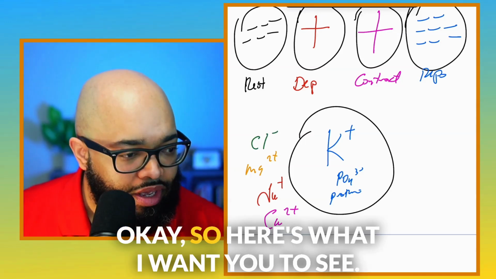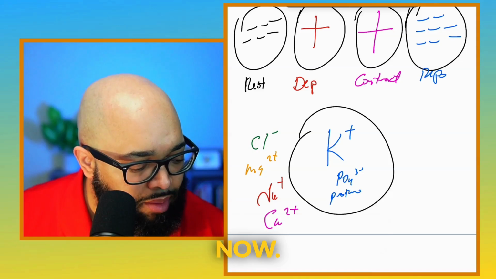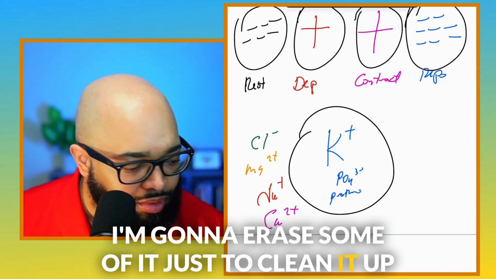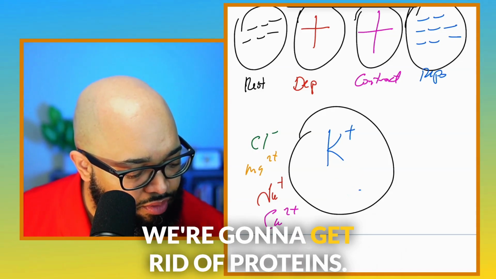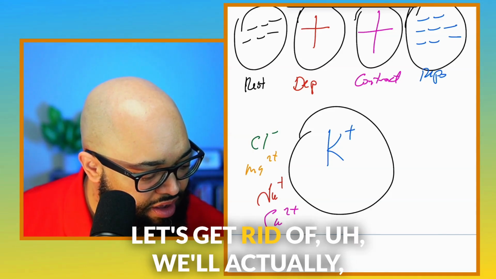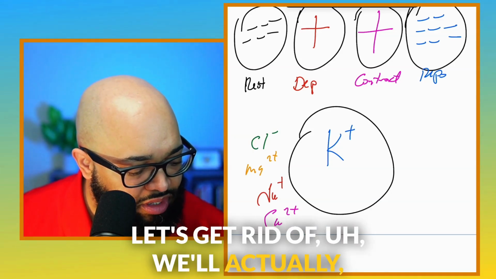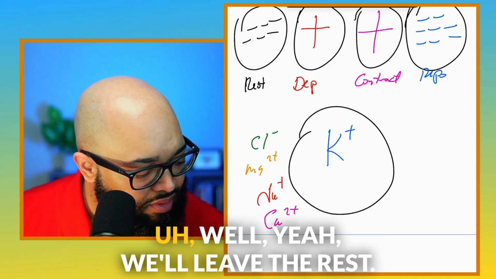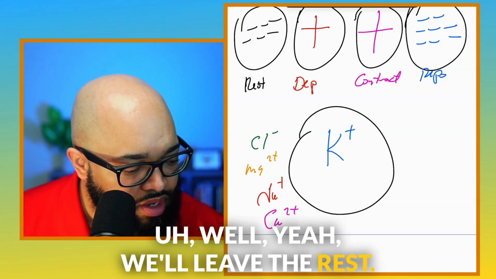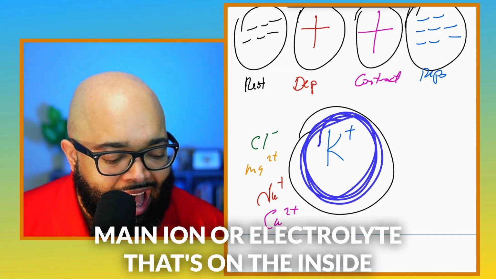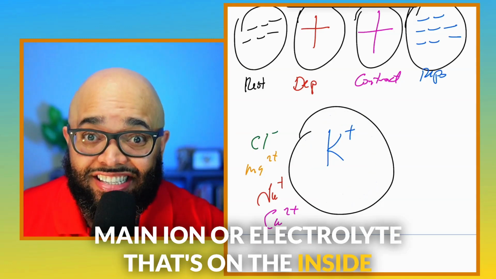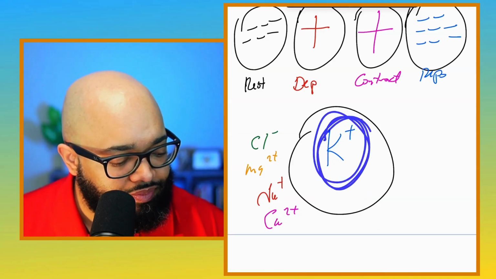Okay, so here's what I want you to see. Now, I'm going to erase some of it just to clean it up a little, and I want you to focus on just a few. We're going to get rid of phosphates. We're going to get rid of proteins. We'll leave the rest. So, the main thing I want you to know is the main ion or electrolyte that's on the inside of the cell is what?